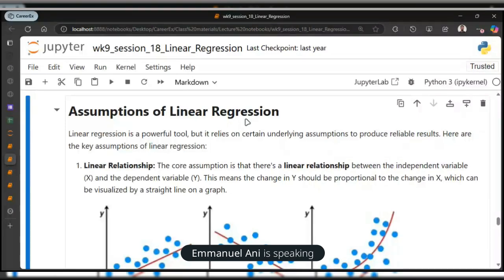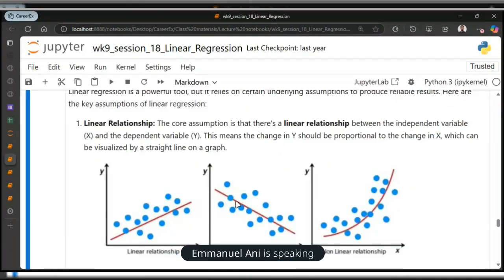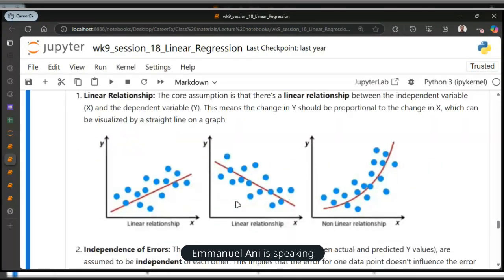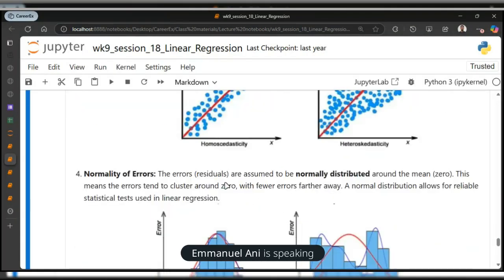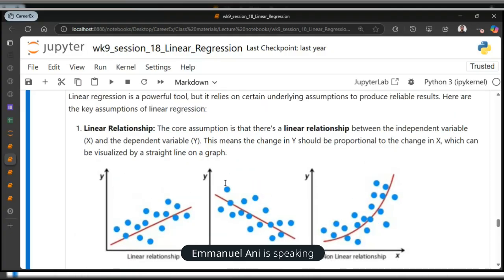You just try to be practical and realistic with things, right? Most times it will give you a good performance and you don't actually need to check the assumptions. But the ideal thing is to check for these assumptions first before proceeding with selecting the linear regression algorithm for your task.